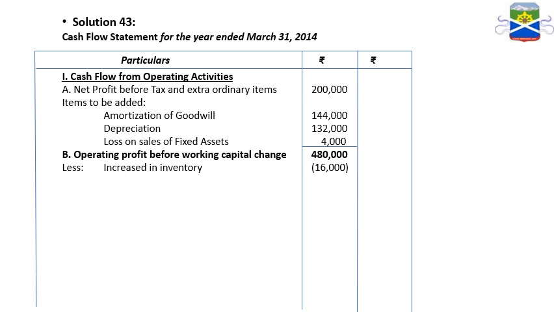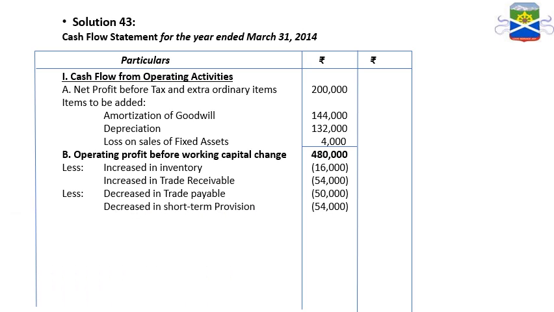Thereafter we check the working capital. We have an increase in inventory of 16,000, which will be deducted, and an increase in trade receivable; both are current assets that have increased, so both are subtracted. Then we have a decrease in trade payables, that is current liability decreased, so it is subtracted.